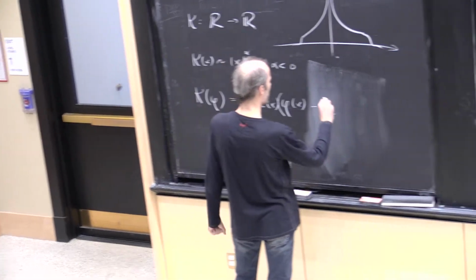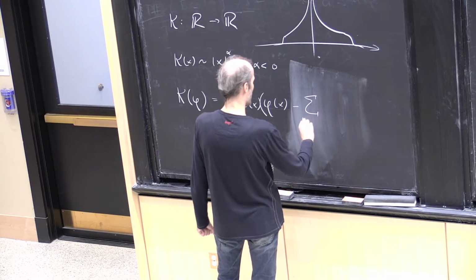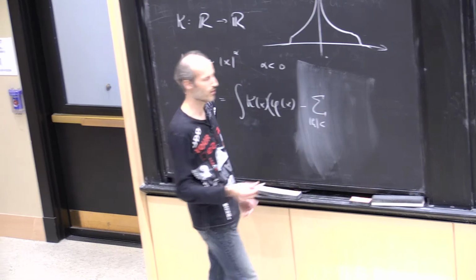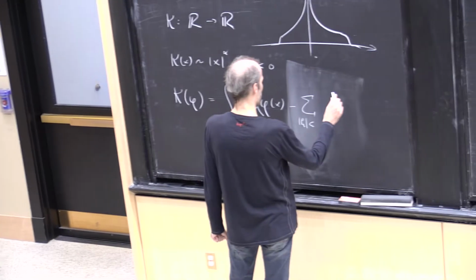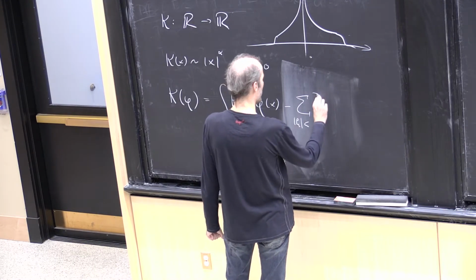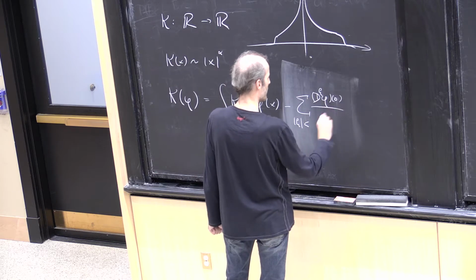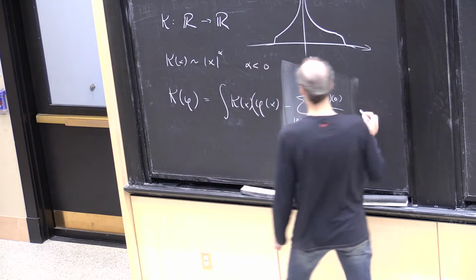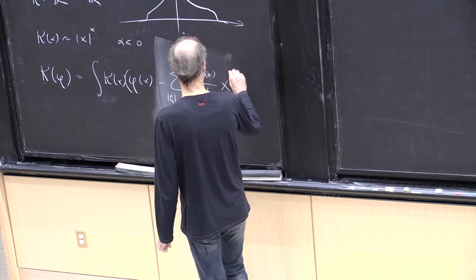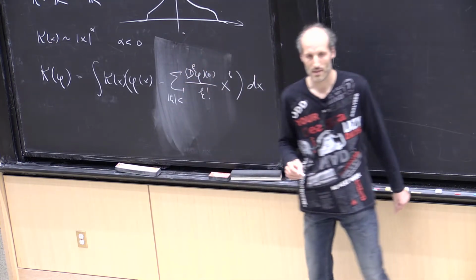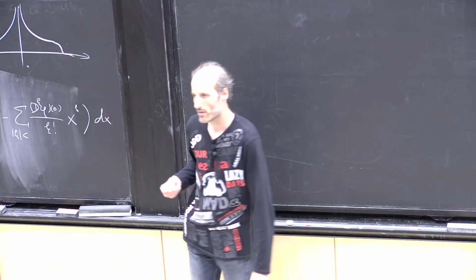So I could remove the sum over k less than something, we'll see where we should stop, of the kth derivative of phi at the origin divided by k factorial times x to the k, dx. So now what have we done?